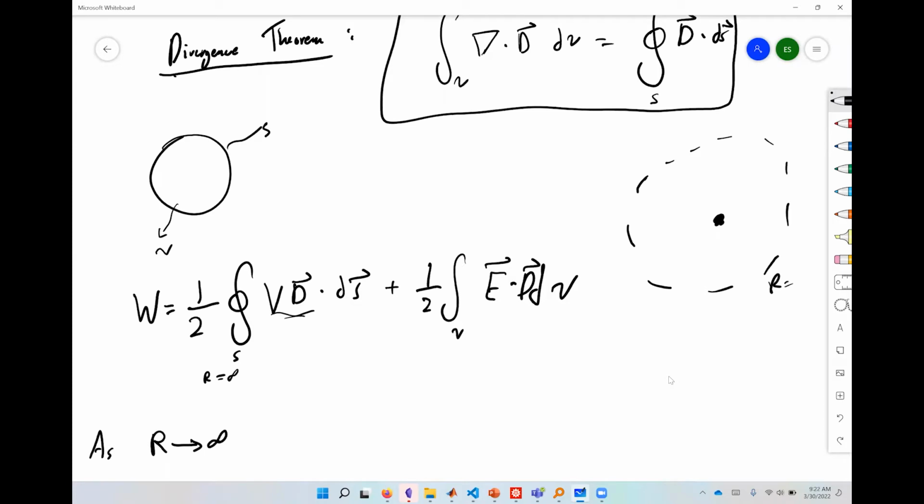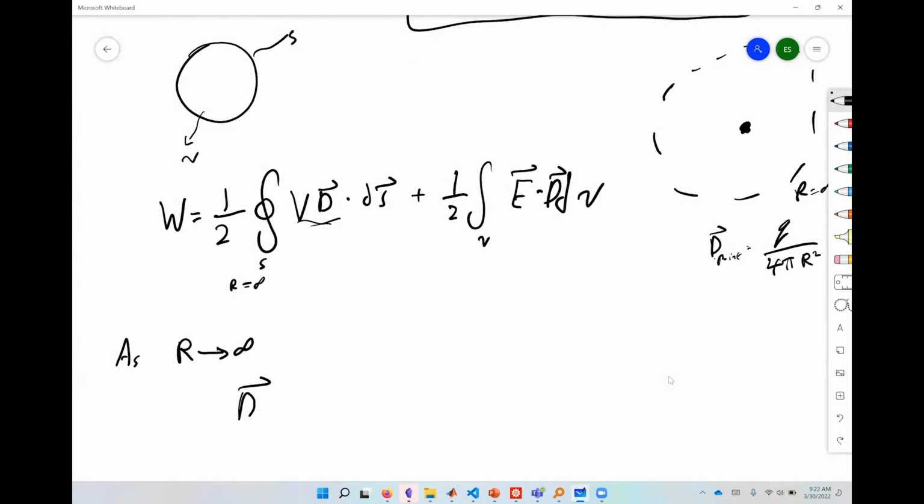All charges in the universe, whatever they are, get close together and look like a point charge. What's the field for a point charge? It's Q over 4 pi R squared. There is no epsilon here because this is D. So as R goes to infinity, the magnitude of D is proportional to 1 over R squared.